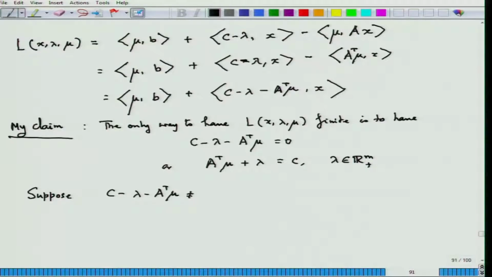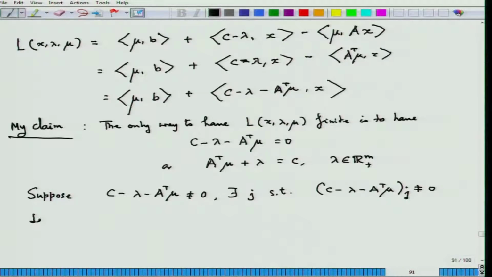So, there must be at least one component which is not 0. So, there exists j such that the jth component of c minus lambda minus A transpose mu is non-zero.